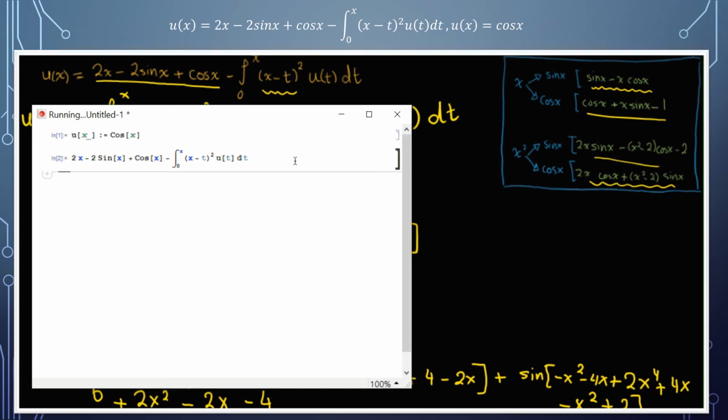Enter. Okay, we have to full simplify it.